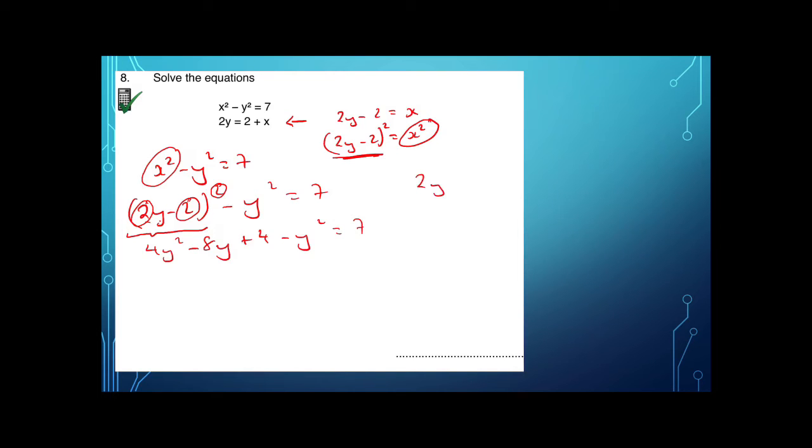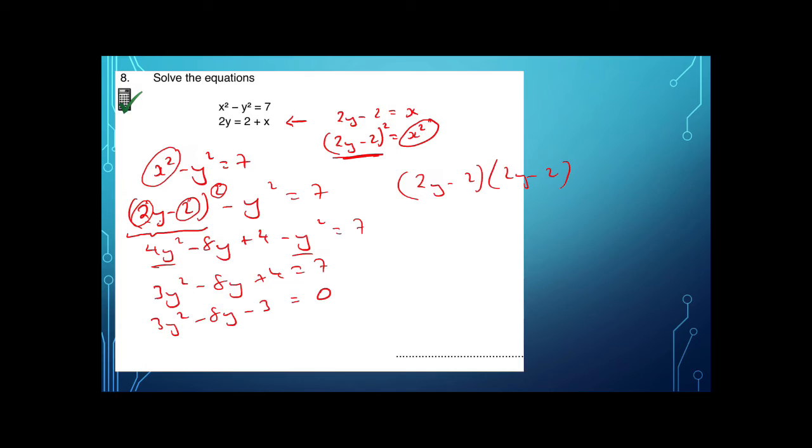If you need to expand that bracket like that, do that. And then, okay, so 4y squared minus y squared is 3y squared minus 8y plus 4 is equal to 7. I want it to equal 0. So take away 7 from both sides, negative 3 equals 0.